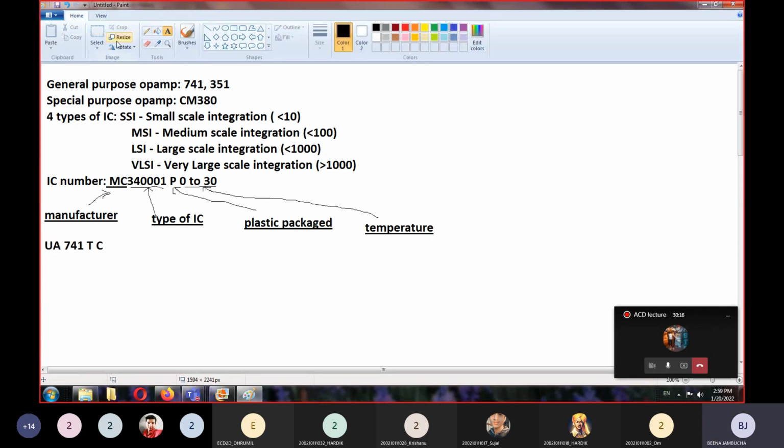Again here, mu A, actually this is a mu, but here I will have to use the symbol. Mu A 741 is the IC type.